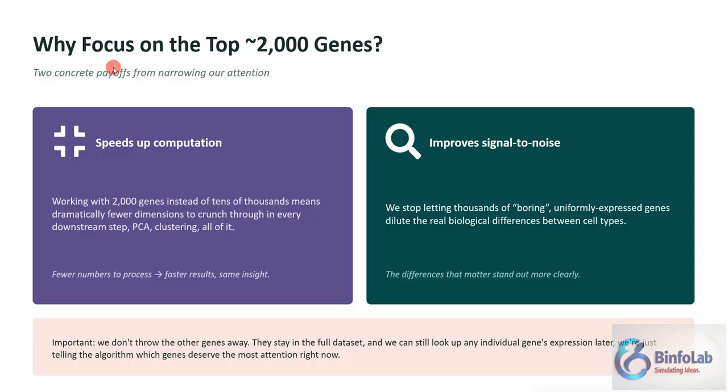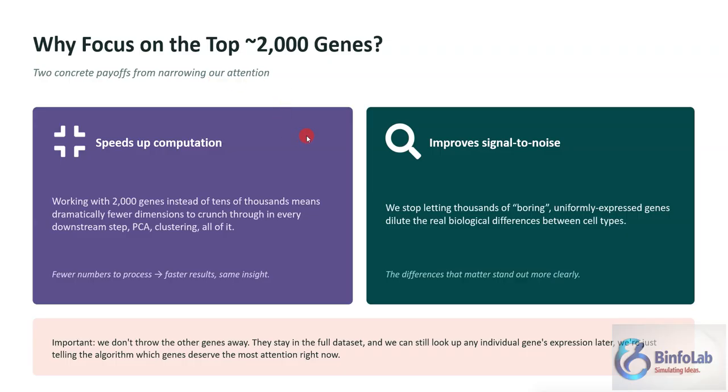Why not focus on the top 2000 genes? Let's assume we focus on the top 2000 genes. These are the concrete payoffs from narrowing our attention.